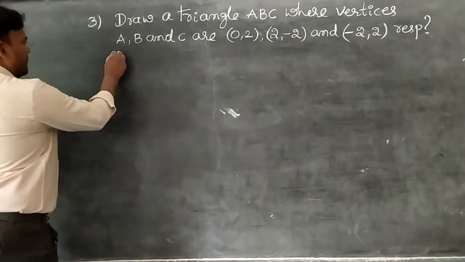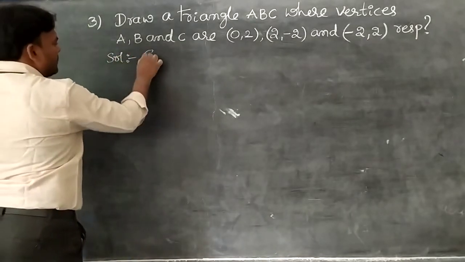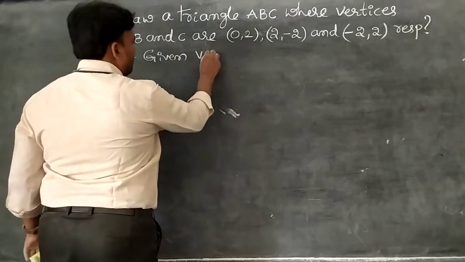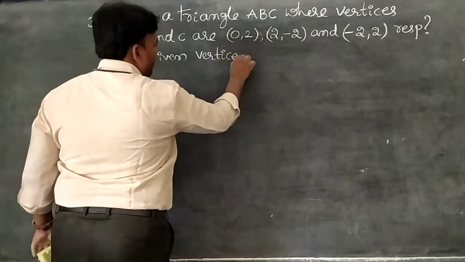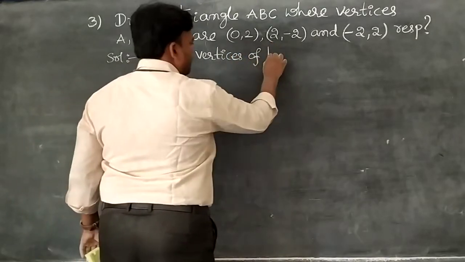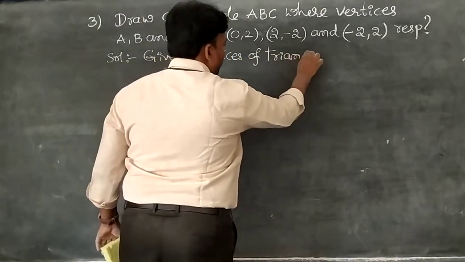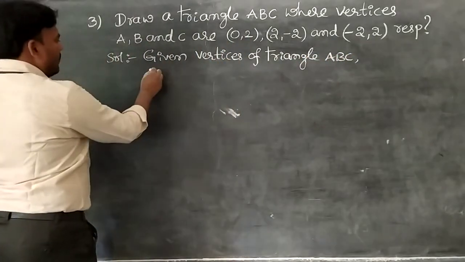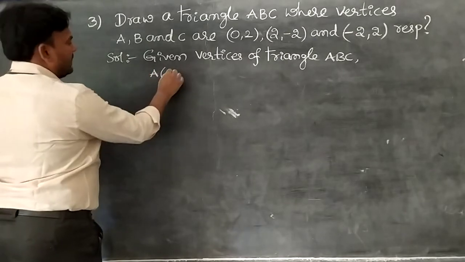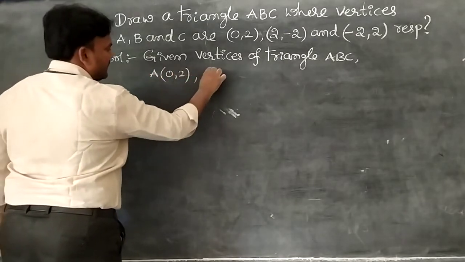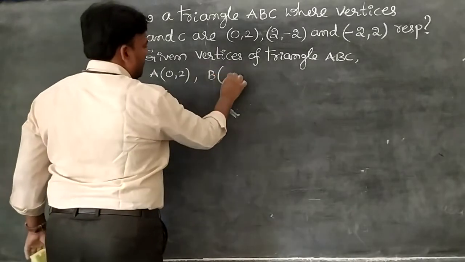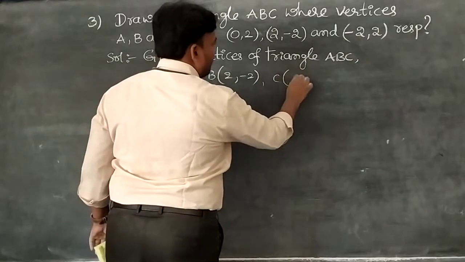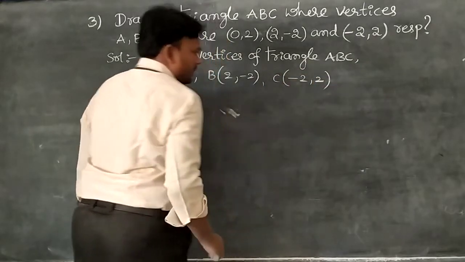Observe while approaching the solution: given the vertices of triangle ABC, A is (0, 2), B is (2, -2) and C is (-2, 2), students.